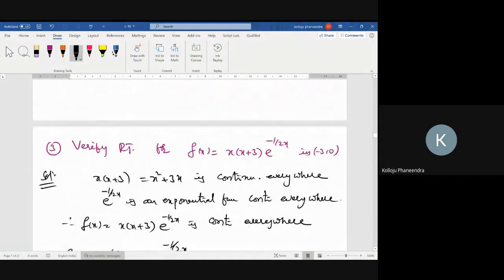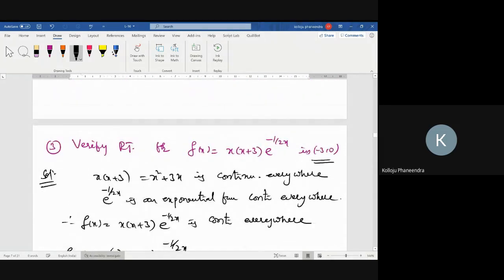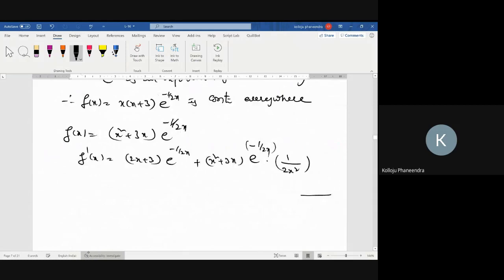Now what is the interval given? Minus 3 to 0, open interval. This is 0 and this is minus 3. Open interval, not closed, so 0 is not included. f dash x is defined at every point of the interval minus 3 to 0.